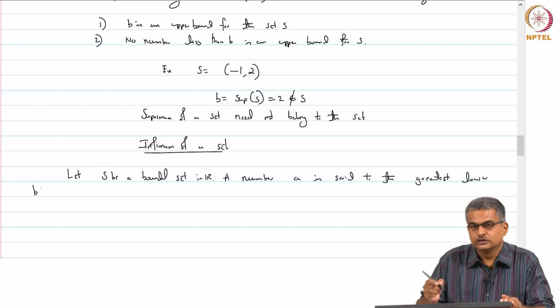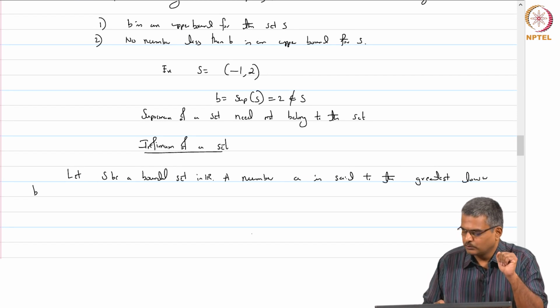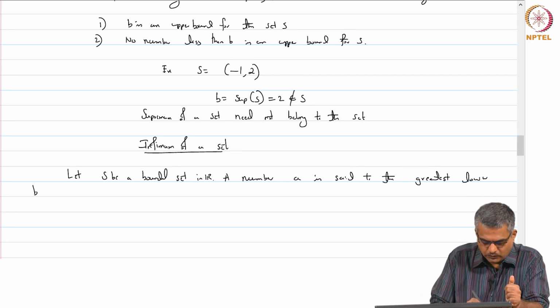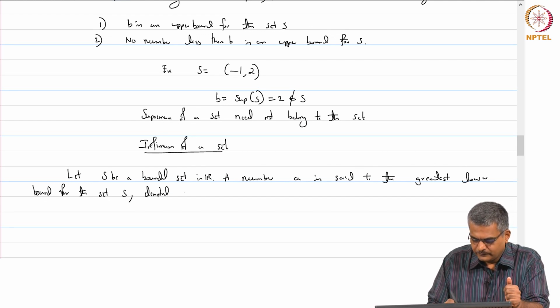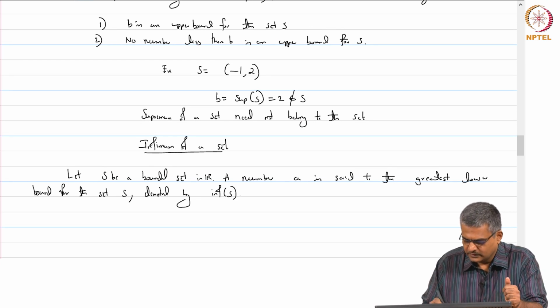So, unlike in the supremum where you had the least upper bound, we have here the greatest lower bound for the set S, denoted by infimum of S, right, if A satisfies the following conditions.